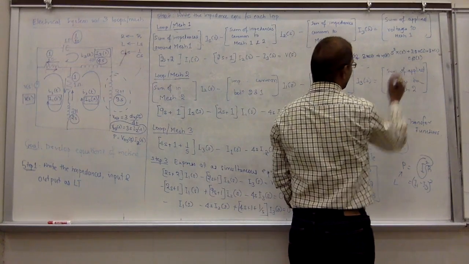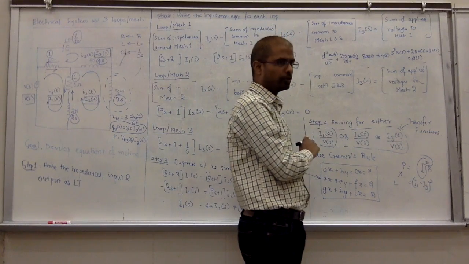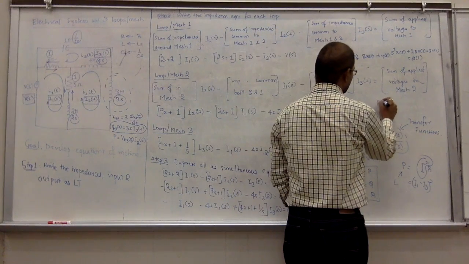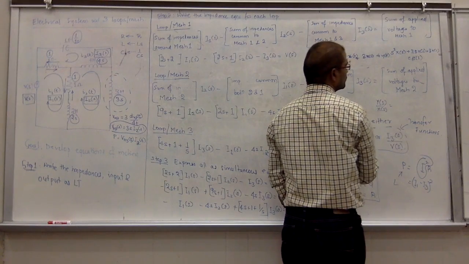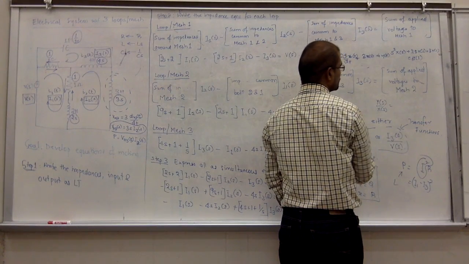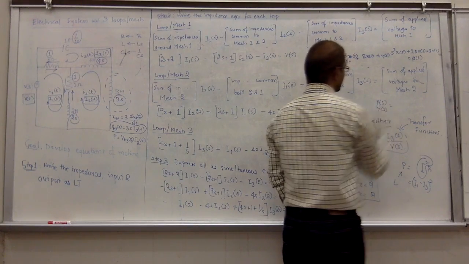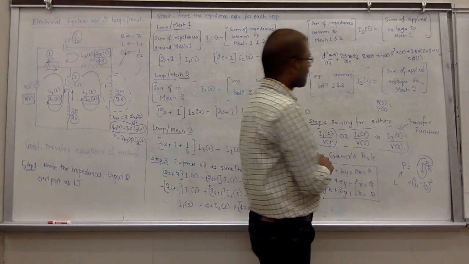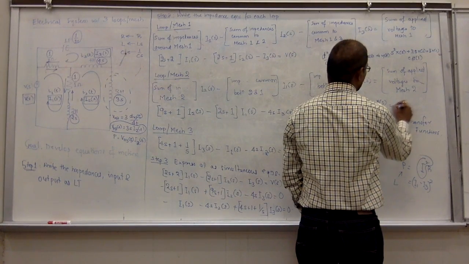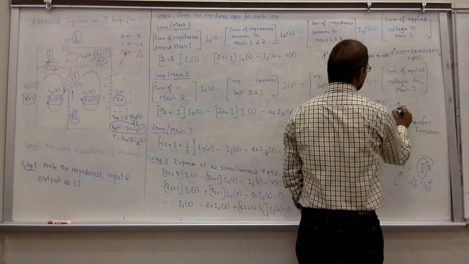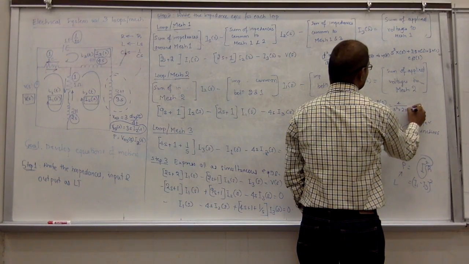Now, what is X(s) over Y(s)? If you say Y(s) is the output, what is Y(s) over X(s)? Well, let's say X(s) over Y(s). Okay, X(s) is the output. It will be 4 divided by s squared plus 2s plus 3.